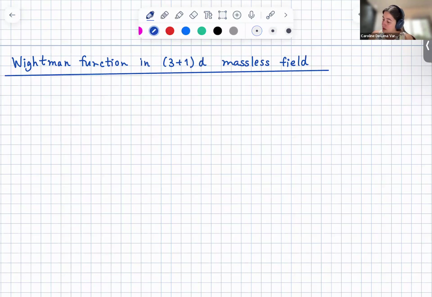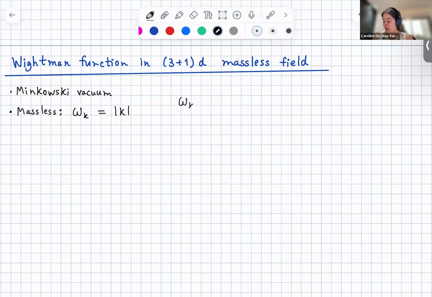Right, so just as a reminder, we're still in the Minkowski vacuum. We saw the general form of this Wightman function yesterday, right? But we're going to restrict ourselves to the massless case. So when we have the massless case, then omega_k is just going to be the norm of k.